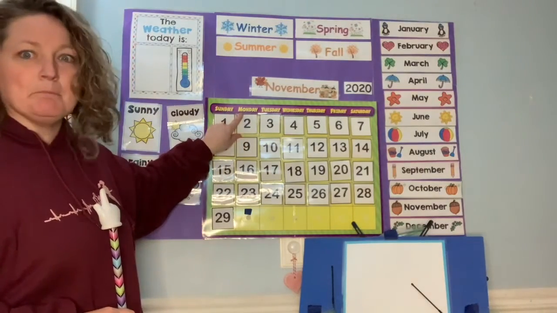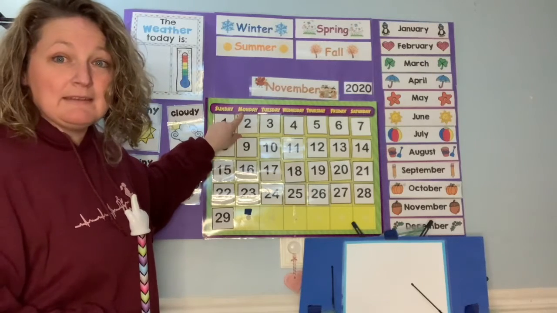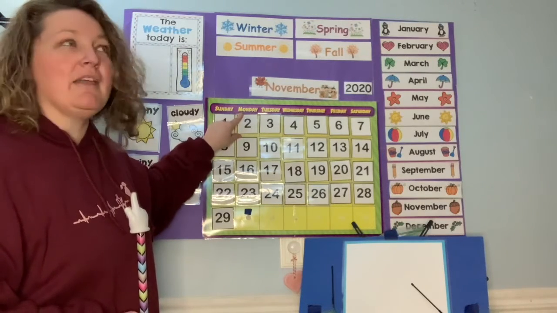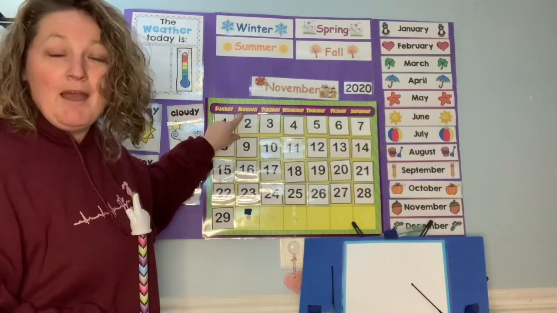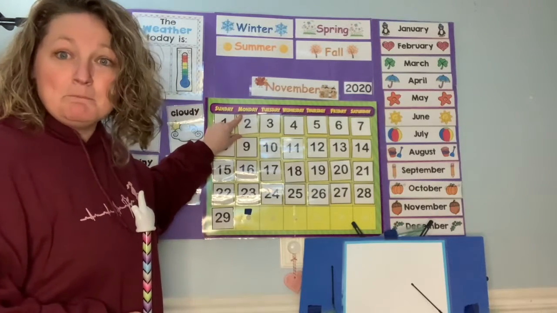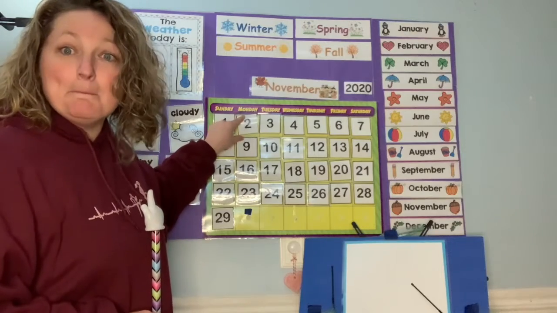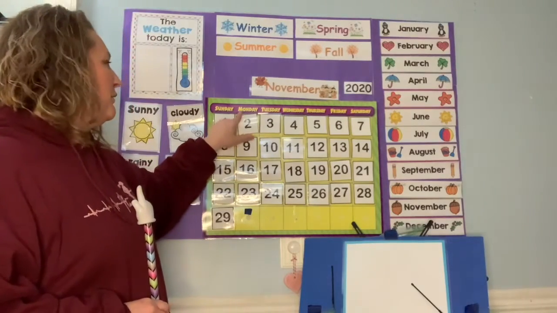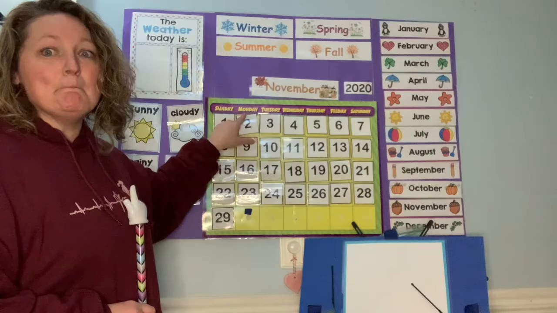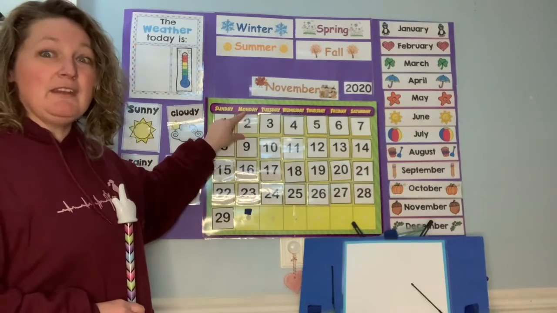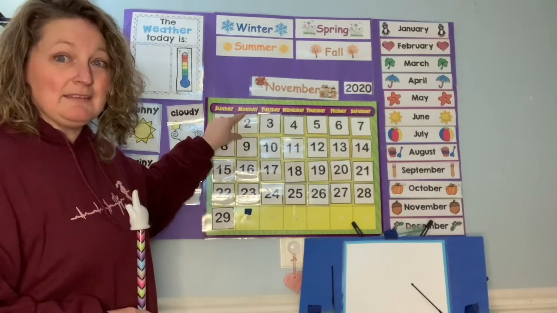It's an M. Do you remember what M says? Every letter makes a sound. Now that we know that M says, do you have a prediction about what day of the week it is?